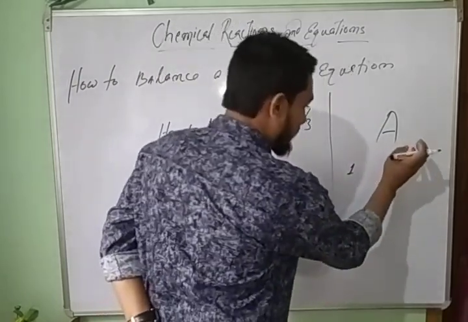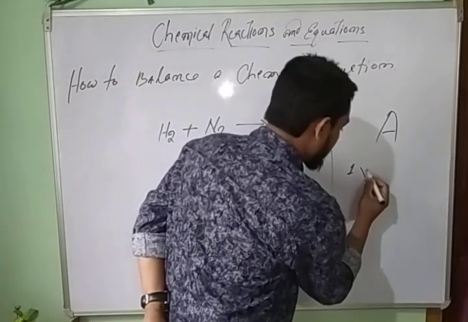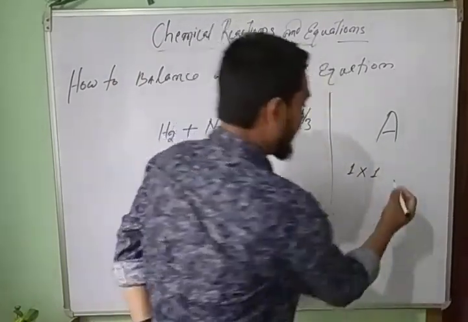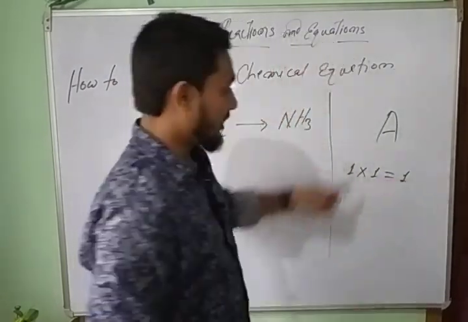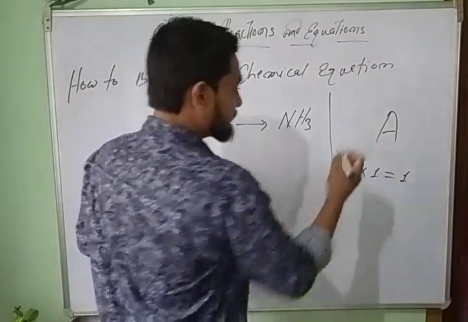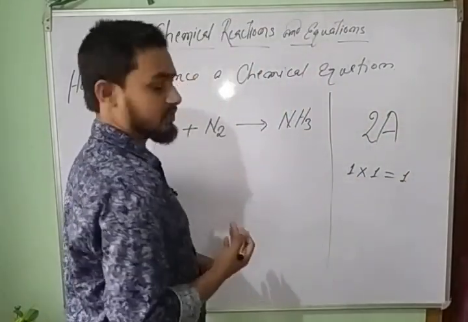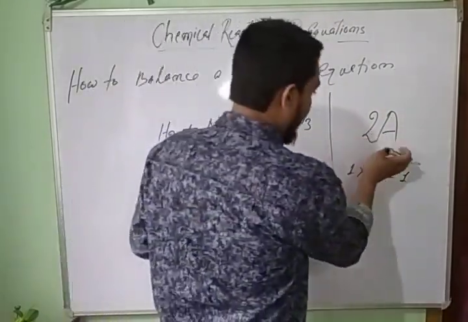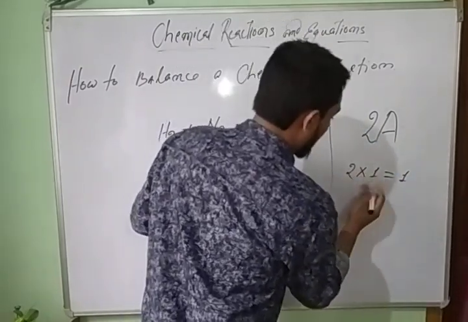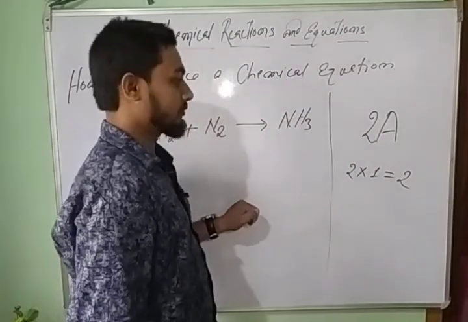And in the suffix position, no number is mentioned, that means 1. So 1 into 1, 1 ones are 1, that means the number of A is 1. If I write 2 in front of A, that is in the coefficient position, 2 ones are 2, the number of A will be 2.